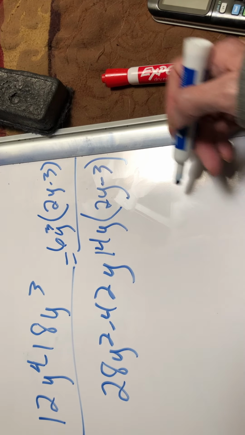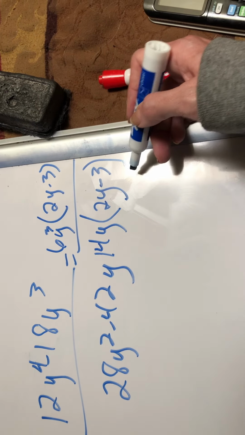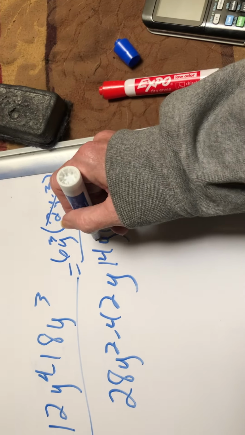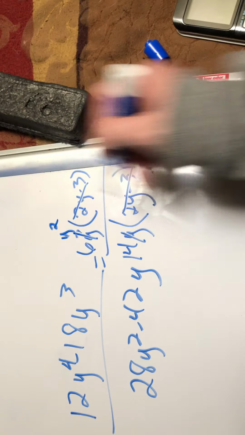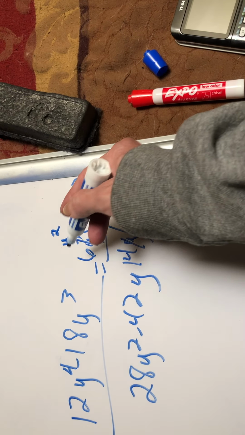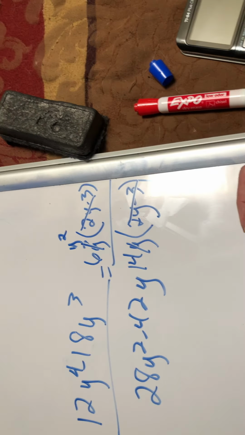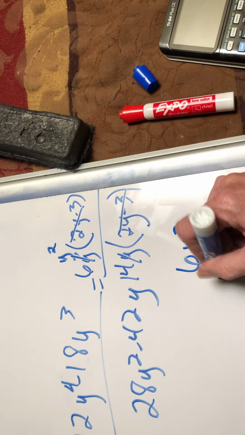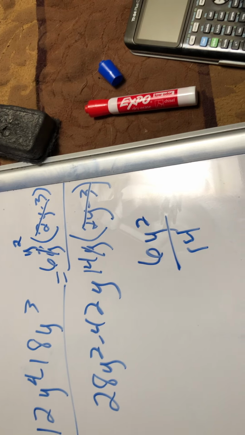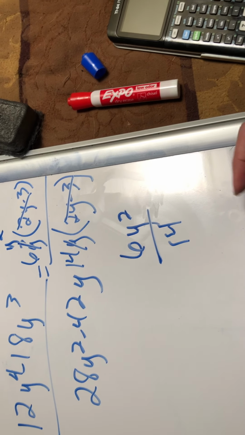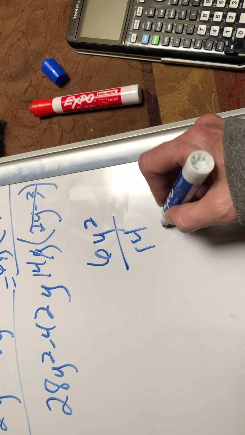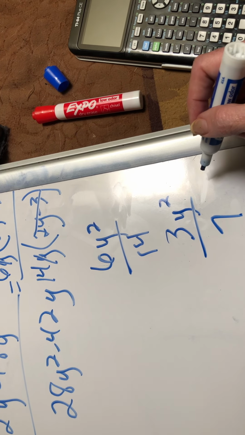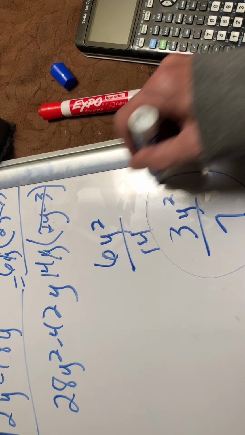Notice now, top and bottom, I've got a 2y minus 3 and a 2y minus 3 that'll cancel. I can take y out of y cubed, it leaves y squared. I can take a 2 out of 6, and I can take a 2 out of 14. So right now, let's just write what I've got. I've got 6y squared over 14. But I can take a 2 out of the 6 and out of the 14. So that would leave a 3y squared over 7. That'd be your final answer on number 4.